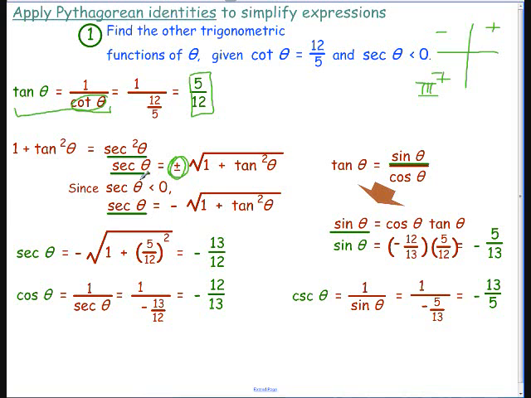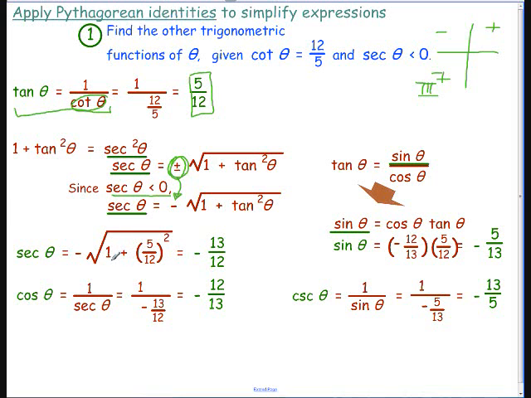Since we know that this has to be negative, we're choosing the minus. Okay, so that's going to guide us. This helped us figure out what to do here. So secant theta is equal to minus the square root of 1 plus tangent, which is 5 over 12, squared.